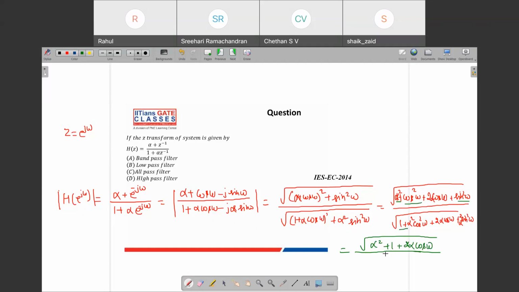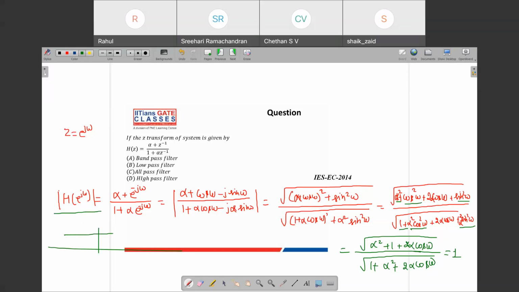Now here we have 1 plus alpha square cos square omega and alpha square sine square omega. When you combine these two, you'll get alpha square plus 2 alpha cos omega. So if you see the numerator and denominator, they are the same, so it is equal to 1. What it means is that for all frequencies, the magnitude response is flat.